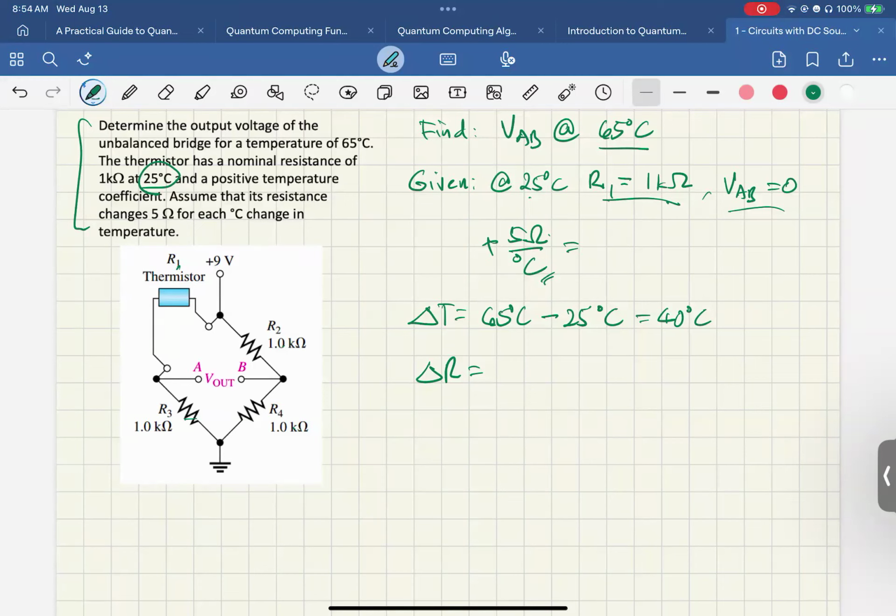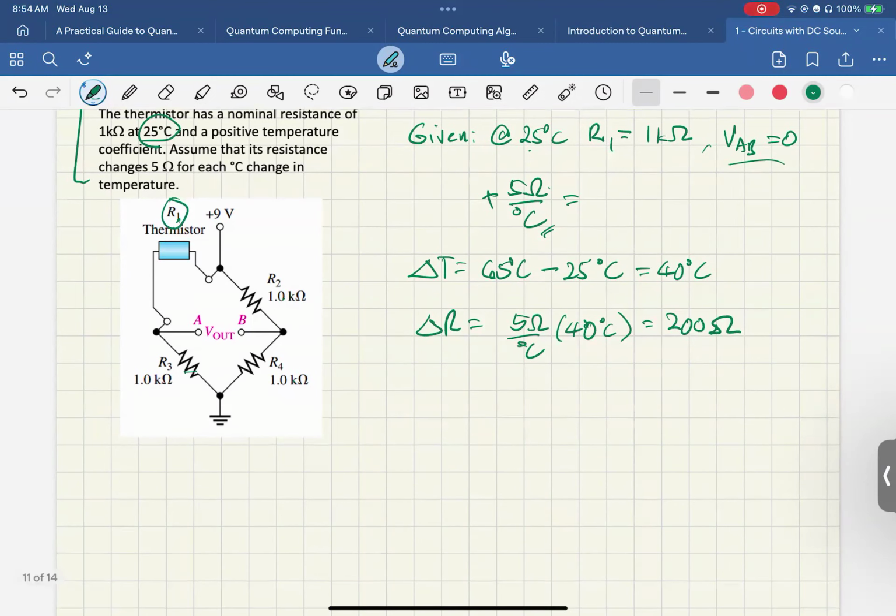So if the increase is 5 ohms per degree Celsius and the change is 40 degrees Celsius, then we have a resistance change of 200 ohms. So R1 now, from 1 kilo ohm, became 1.2 kilo ohms, right?